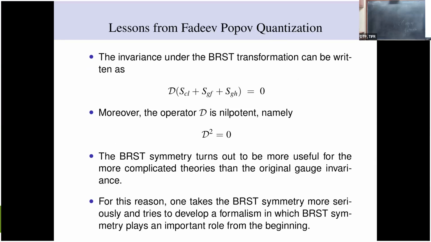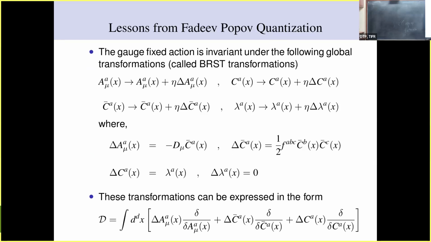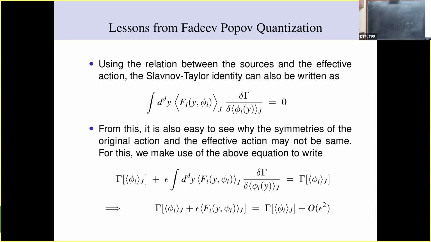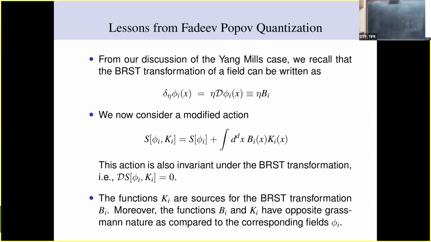Here, for example, it's not linear. We consider this modified action, where we introduce sources k_i for these BRST transformations b_i. This action will be invariant because d squared is 0, so d of this modified action is 0.